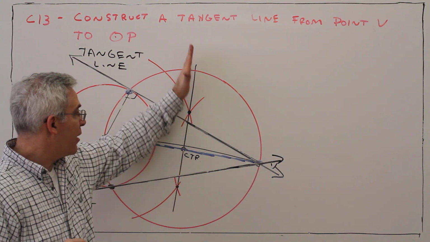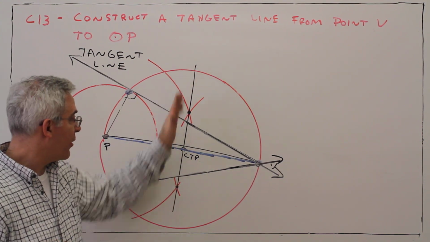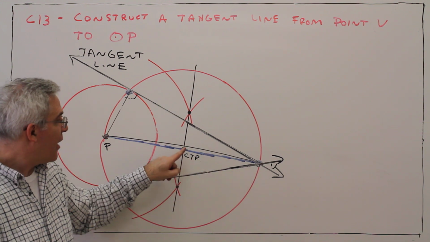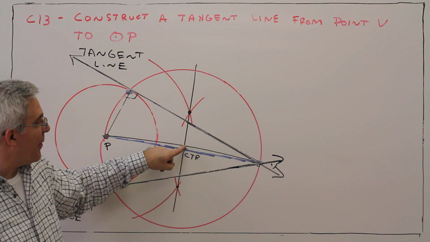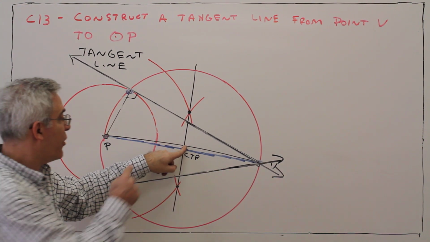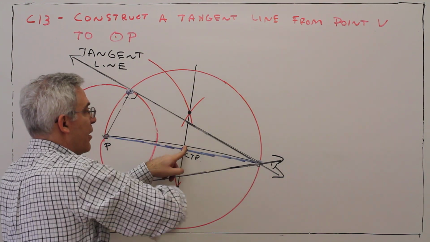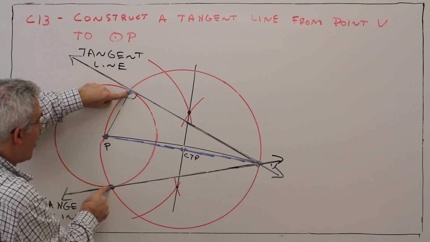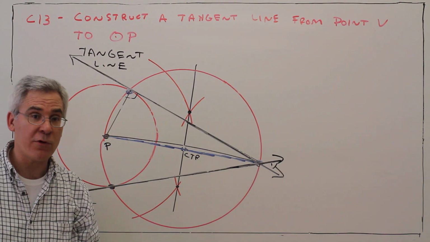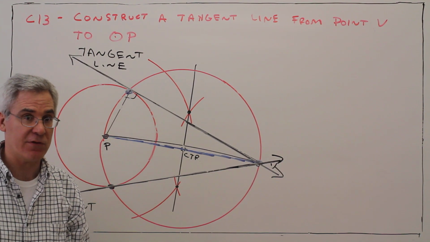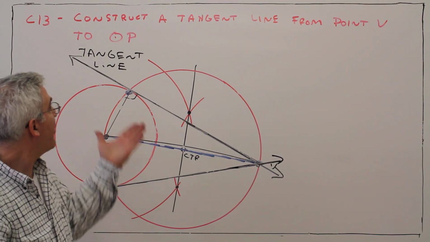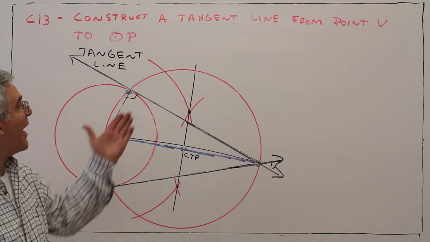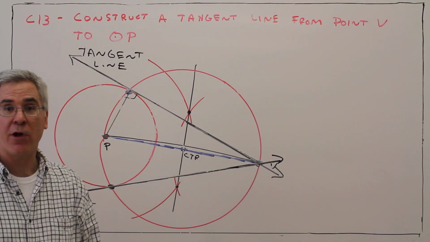We created the perpendicular bisector of that segment, and then we used that point right there as a center and just created another circle, and where that circle intersected our original circle were the two points of tangency. So there you have it, how to construct a tangent line from an external point to the circle.